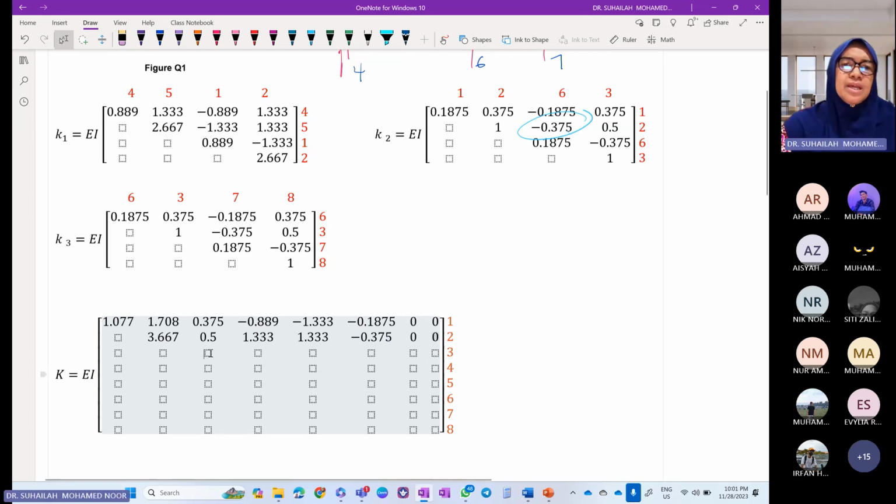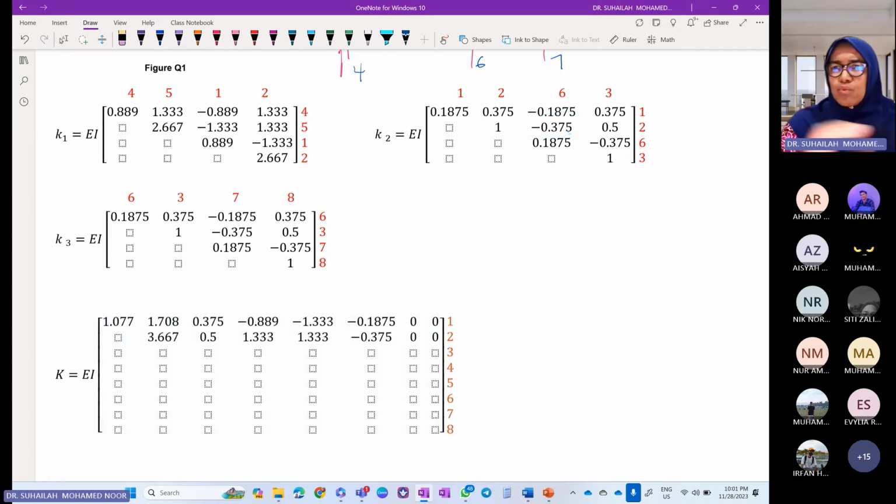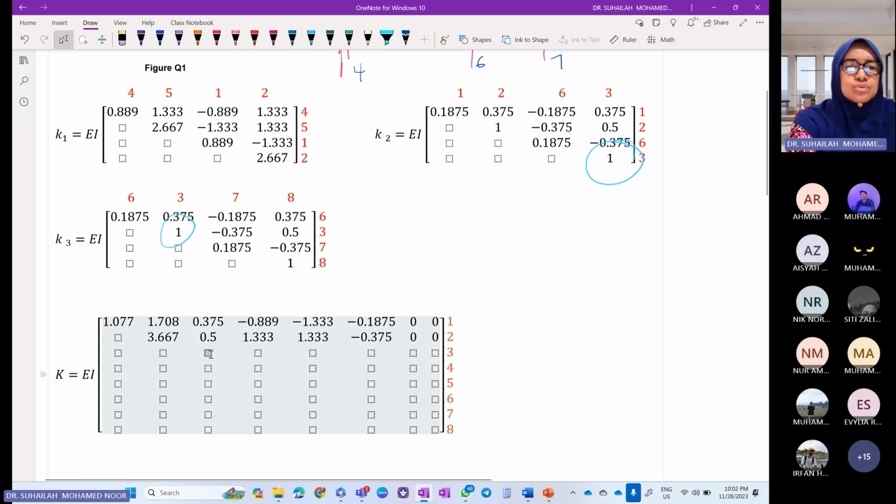Then move to 3,3. It is 1 and 1, right? So it is 2. And then 3,4. What is 3,4 value? Value 0. Then 3,5.